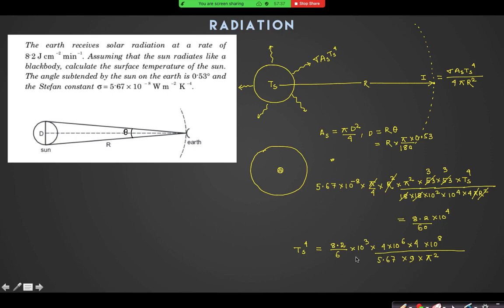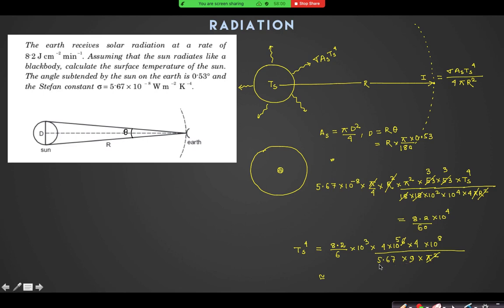But again, if you want to solve it, pi square I think can be assumed to be 10, right? Approximately, I'm talking about approximately. You can cancel pi square with 10, so it is 10 power 5, right?